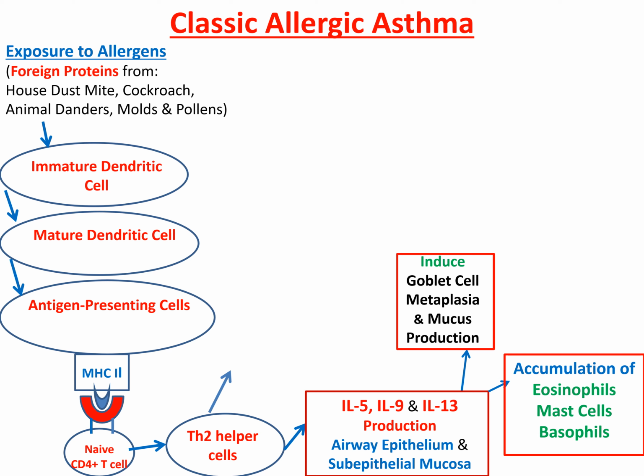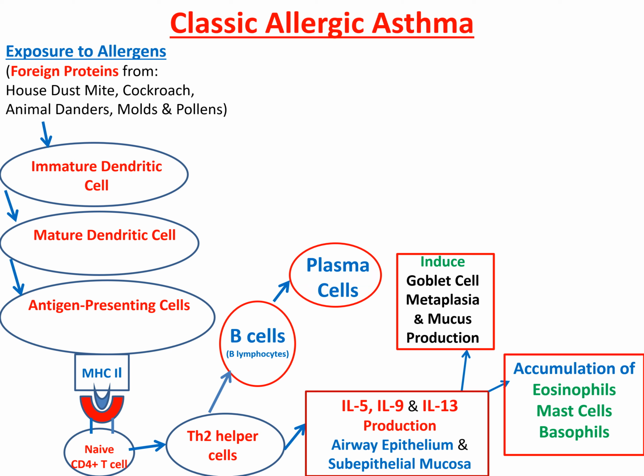Now, the helper cells type 2, the Th2, are going to generate cytokines which will be promoting the B cells to produce immunoglobulin E. And the B cells, another name for them is B lymphocytes.